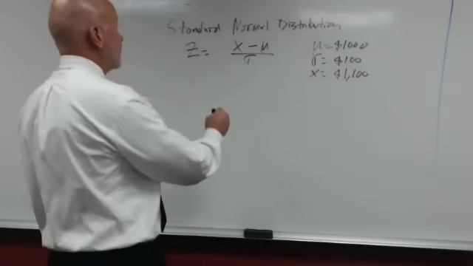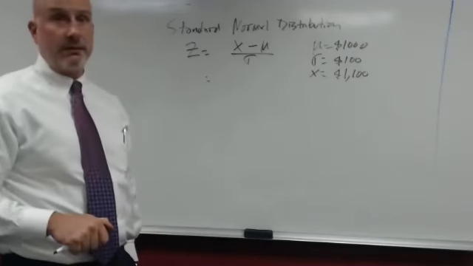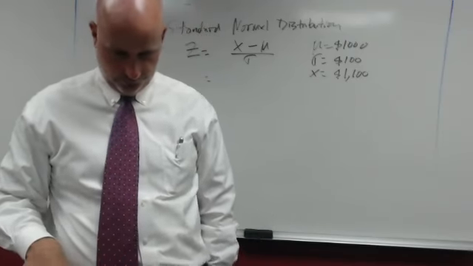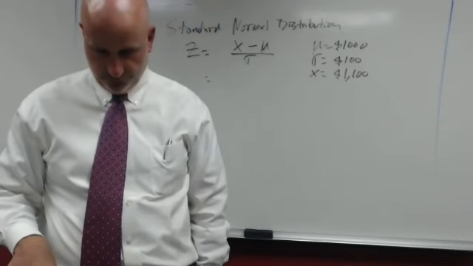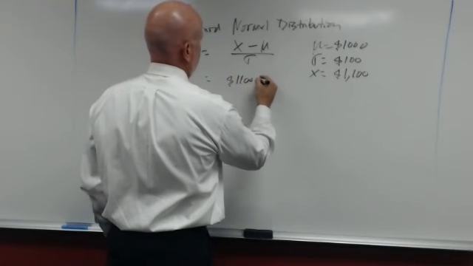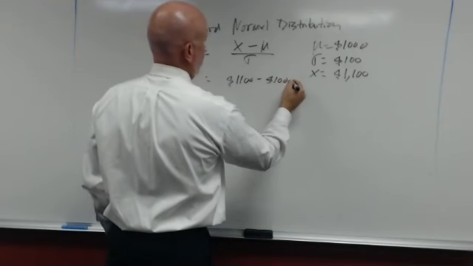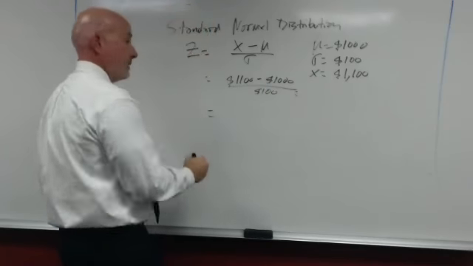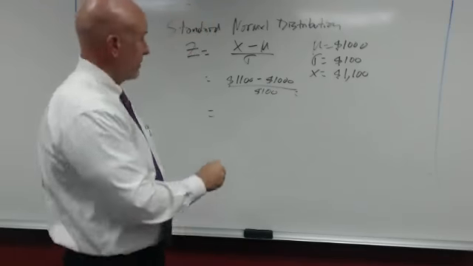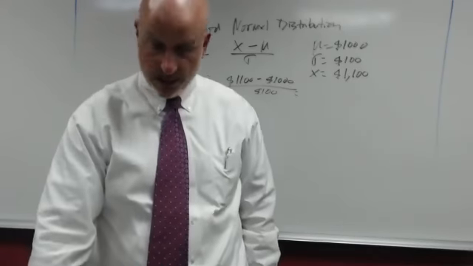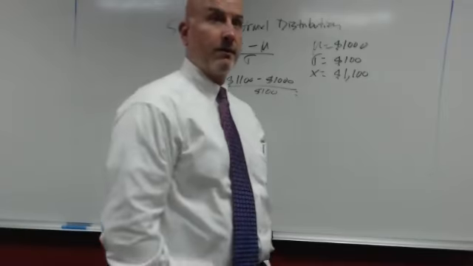So how would I solve for this? Z equals 1,100 minus 1,000, divided by 100, equals 1. Now, interpret what that tells you.